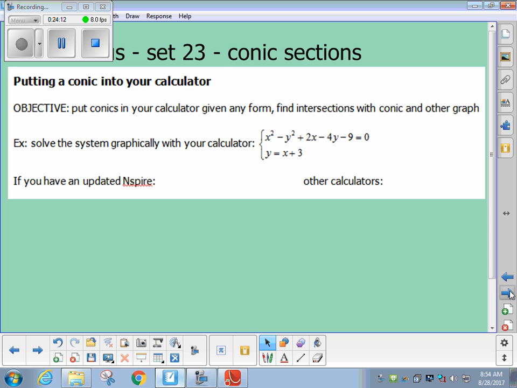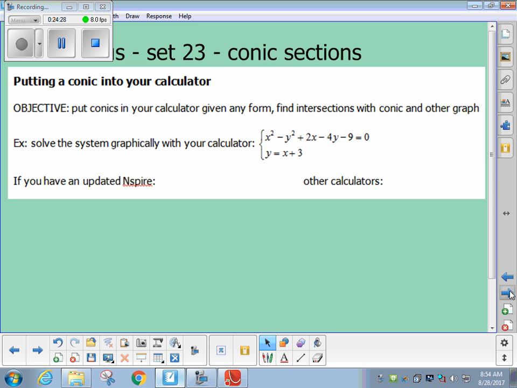Great job. Would you get out your calculator, please? Do you remember how to put a conic that's ugly into your calculator? Okay, a little yes, a little no, I hear.